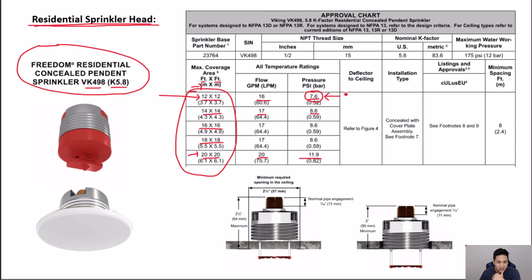Now, if this said 7, we would use 7. And I have never seen anything less than 7. So I've never seen something that stated 6 psi for residential. But let's say it was 6 psi. Then we would have to use the higher of the 2 minimums and go with the 7 psi.